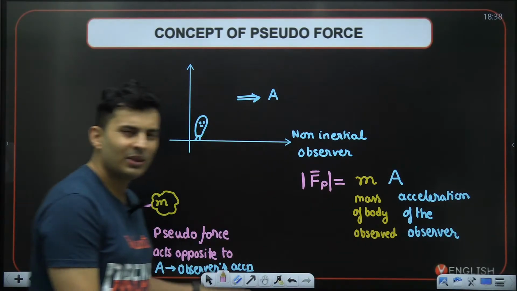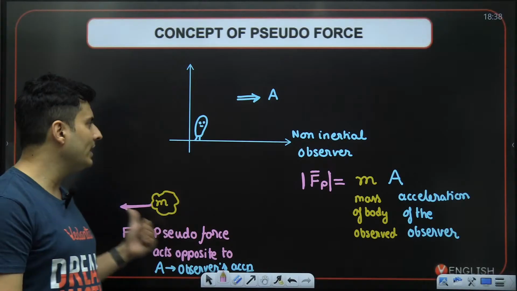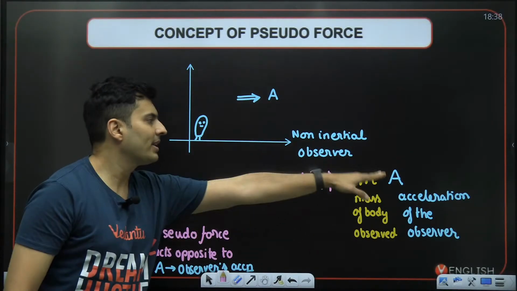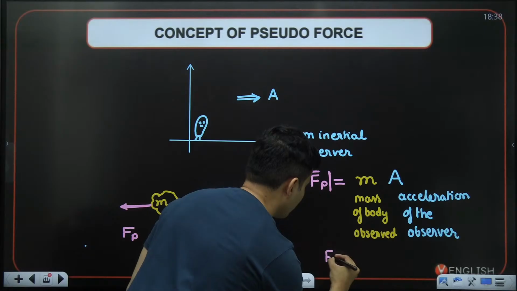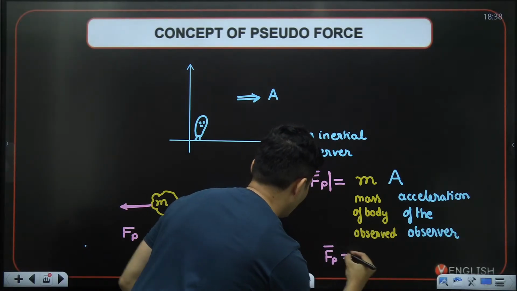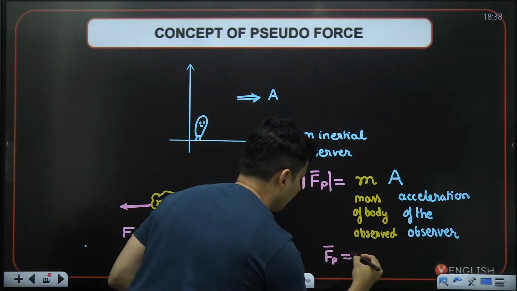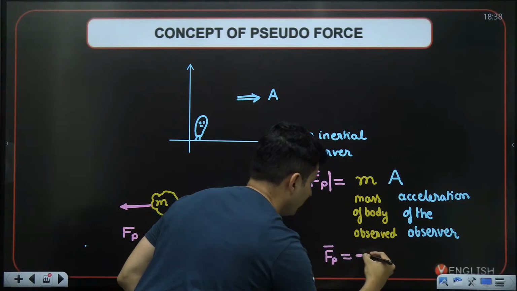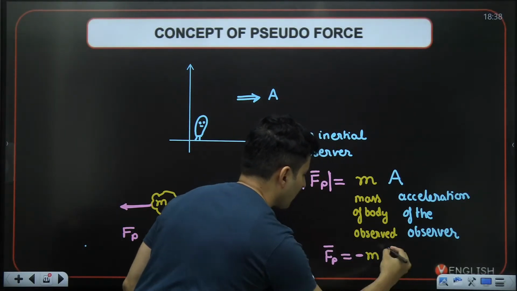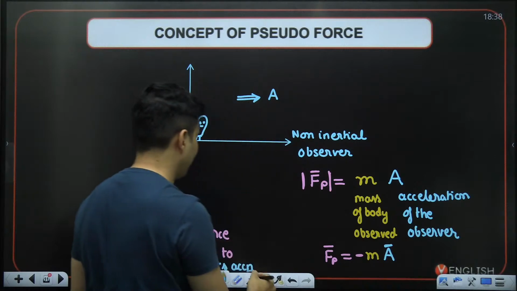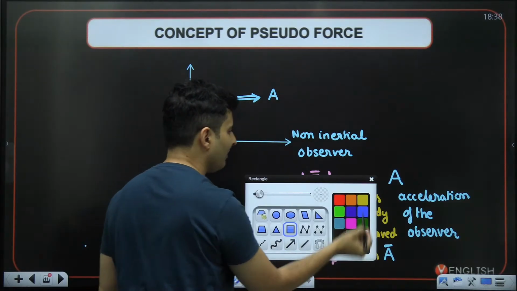Mass into A. But if you look at it vectorially, it will be negative of that, because whatever is the direction of A, it will be exactly opposite of it. So vector wise, it will be nothing but minus m times capital A. That will be the vector equation, but you don't need to remember the vector equation.